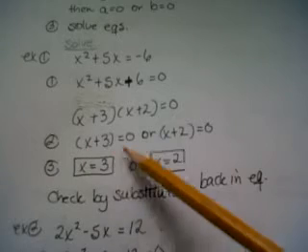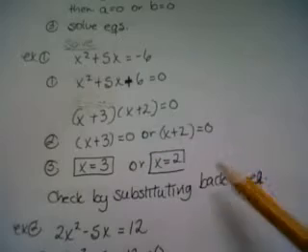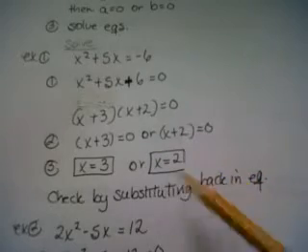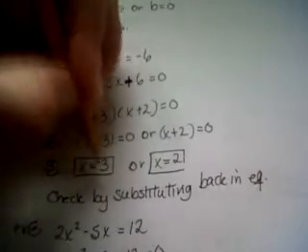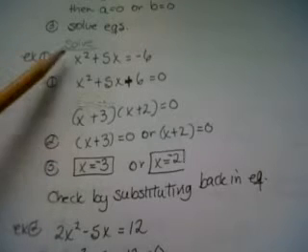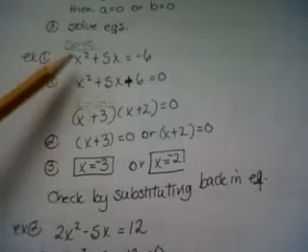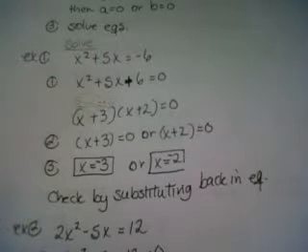So x plus 3 equals 0. When I solve that, x is going to be equal to 3. x plus 2 is equal to 0. When I solve that, x is going to be equal to, actually this should be negative 3 and negative 2. I can always check my answer by substituting it back into my original equation right here. When I substitute it back in, I will find out that it's equal to negative 6.